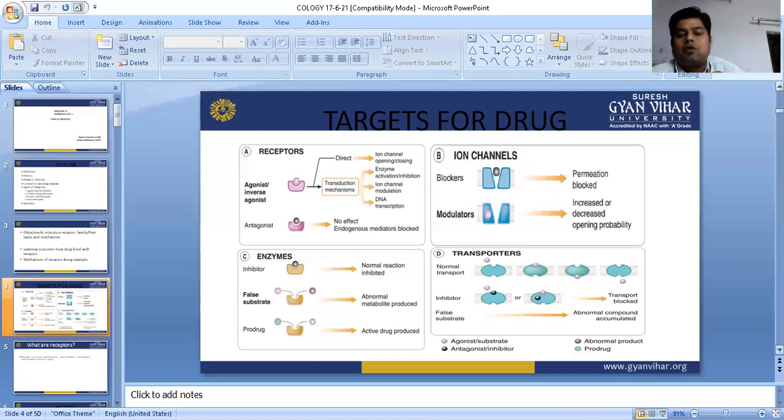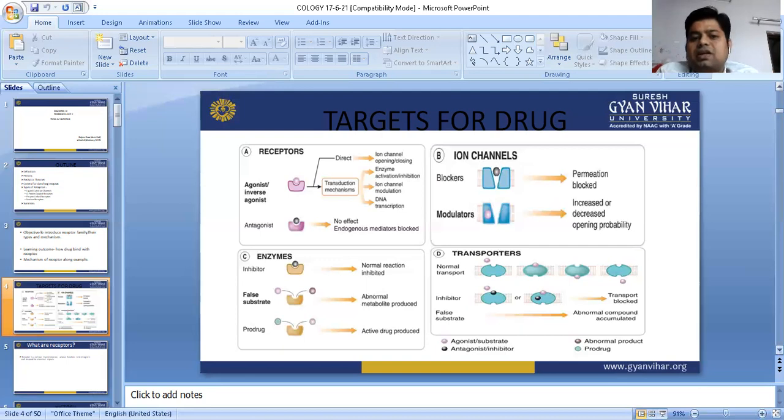We can say open or closing types, means when the drug is going to bind, the channel will open and ions will come into the cell. Second thing, transduction mechanism. What is transduction mechanism? It either may activate the enzymes, or it may inhibit the enzymes. Apart from that, they are going to modulate their structures, and after that the ions will come.